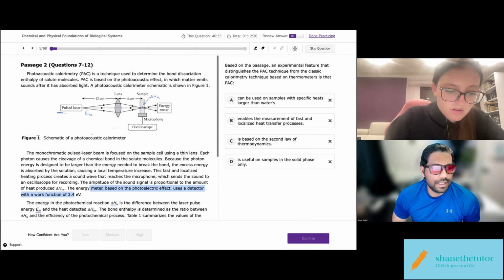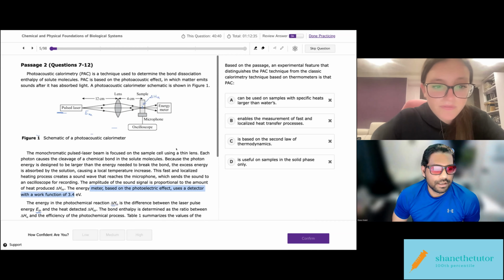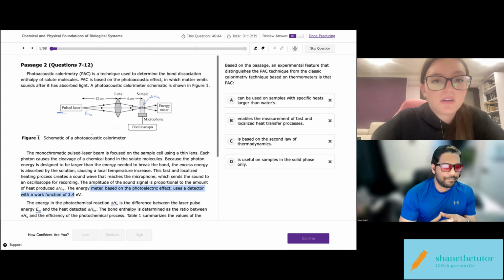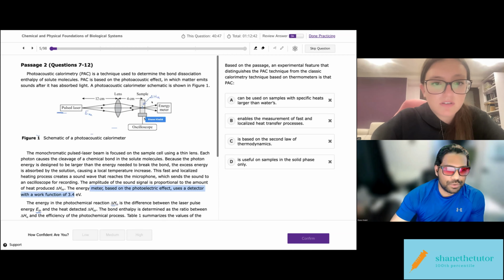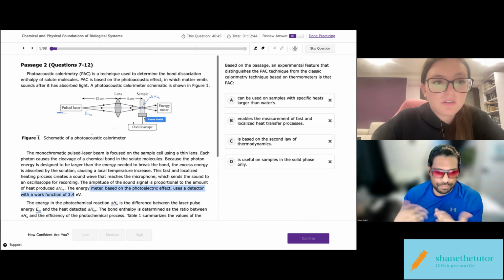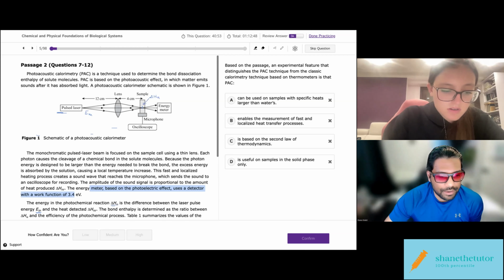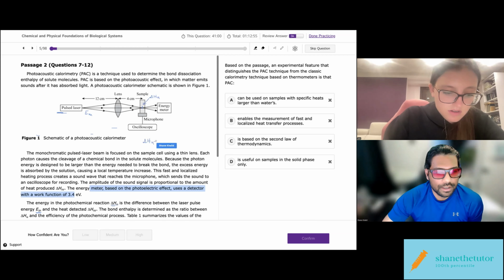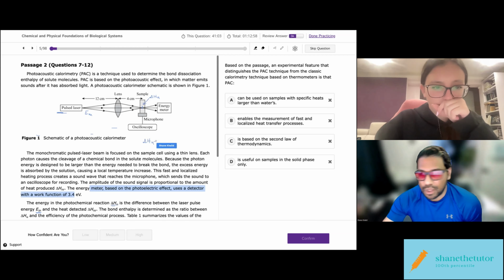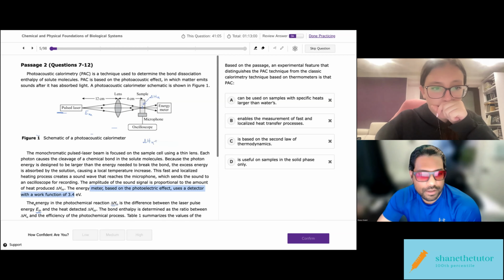And the delta H_R, they tell us, is the amount of heat that's produced by this reaction that goes to the microphone to get picked up as audio. They're telling us also that delta H_U is the difference between the laser pulse energy and the heat detected.